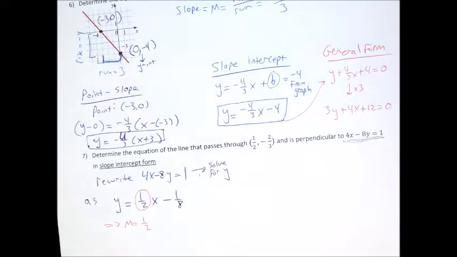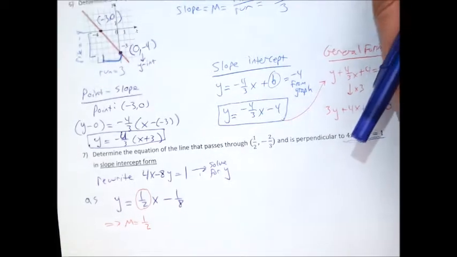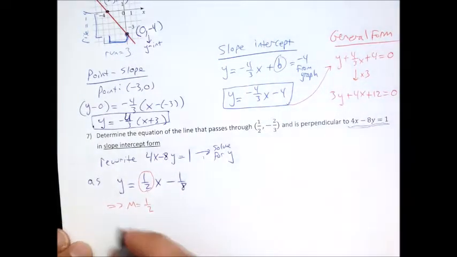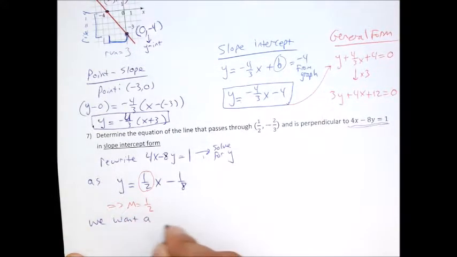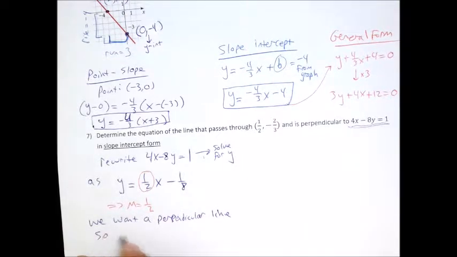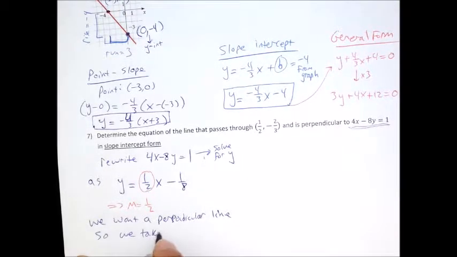And so then the idea is we want a line that's perpendicular. So let me write that down. We want a perpendicular line, so we take the negative reciprocal.